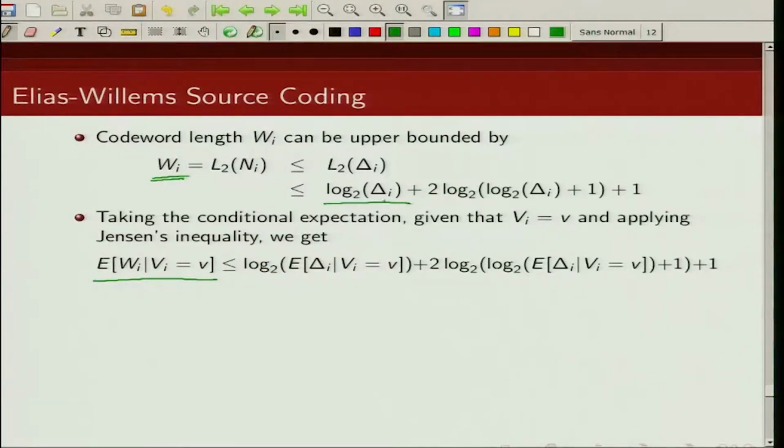Now, if we take conditional expectation of this, so this will be expected value of log to the base 2 of delta I given Vi is V. Now, what do we know about log? Log is a concave function, and if it is a concave function, what do we know?